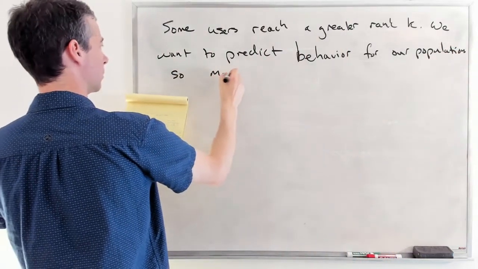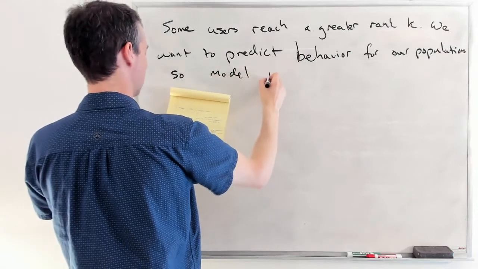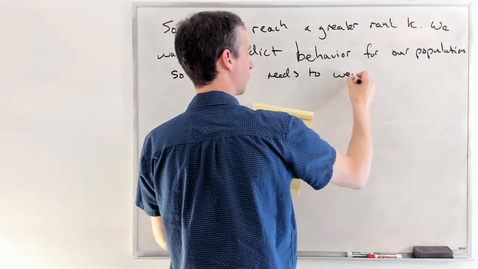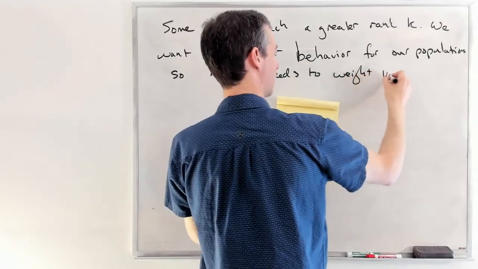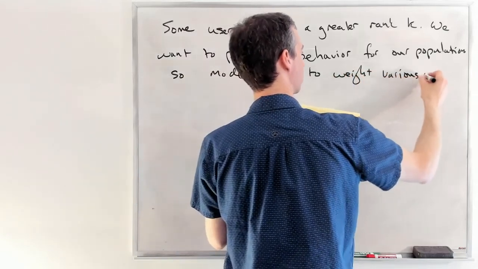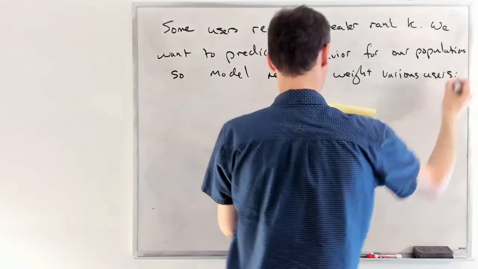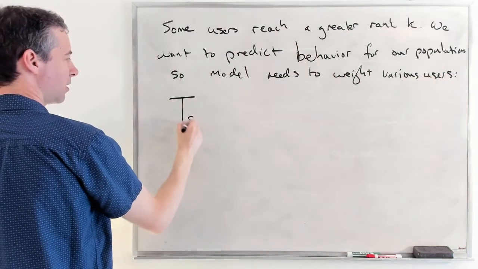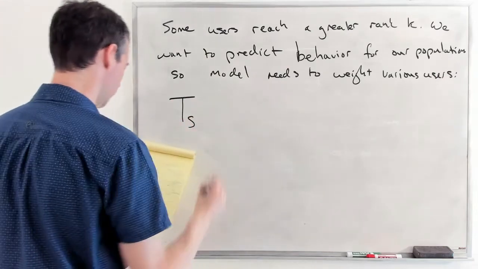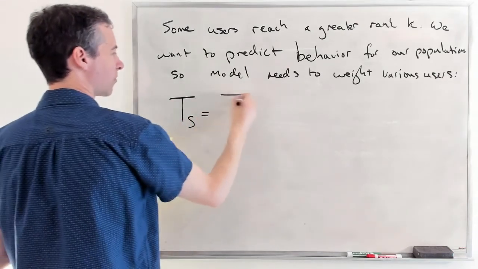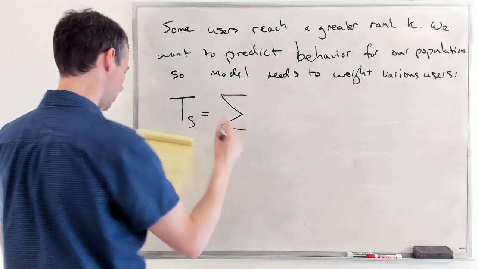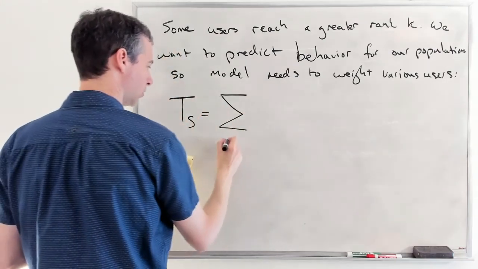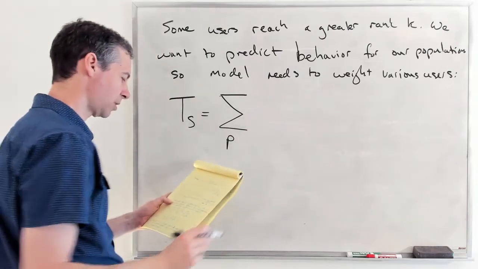So the model needs to weight these various users. So basically you end up with a weighted average. We're going to say that our time on our summary is a summation over our participants P.